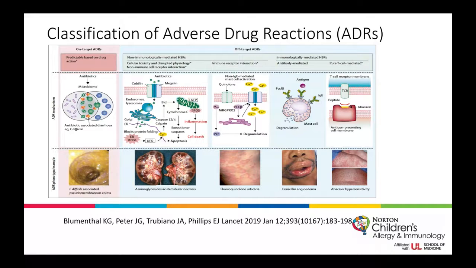And pure T cell mediated would be your DRESS, SJS, TEN, etc. So throughout this talk, I will be concentrating on the antibody mediated or IgE mediated reactions. The management of DRESS, SJS, and TEN would be an additional 30 minutes and beyond the scope of this talk.